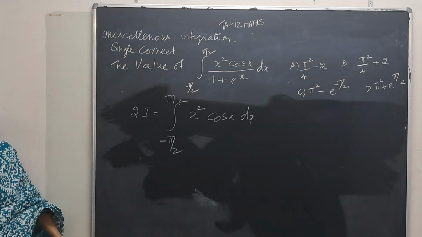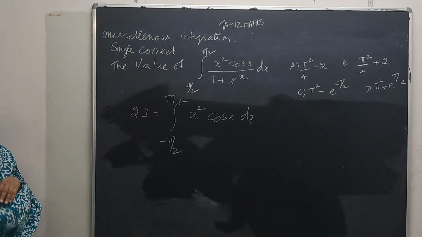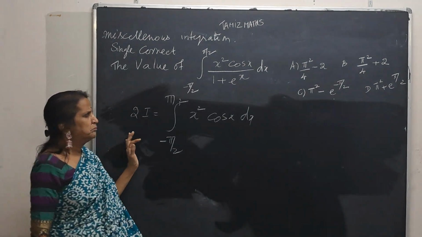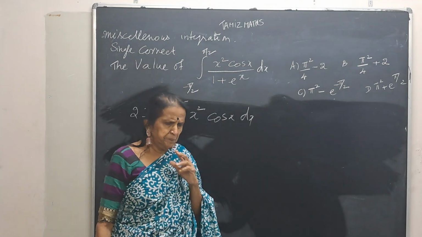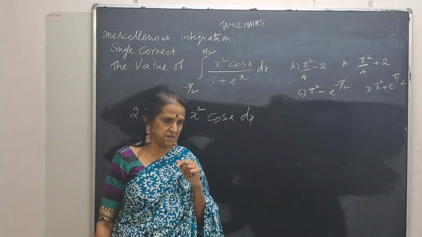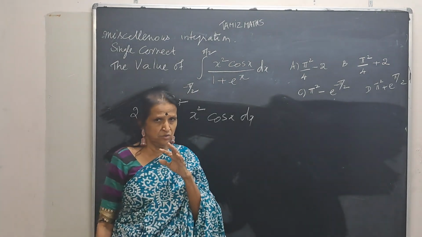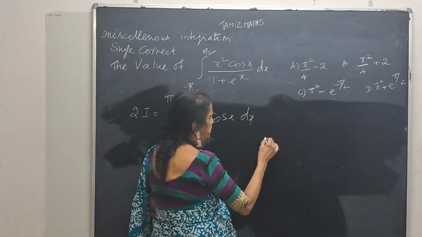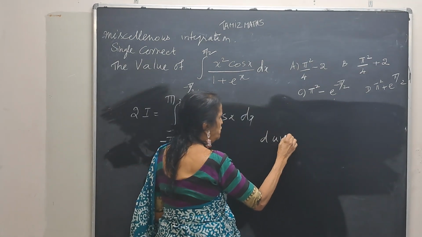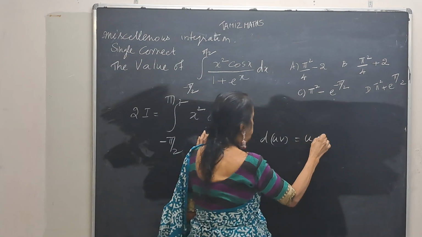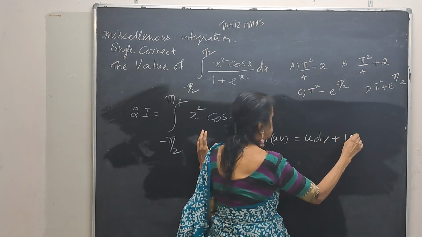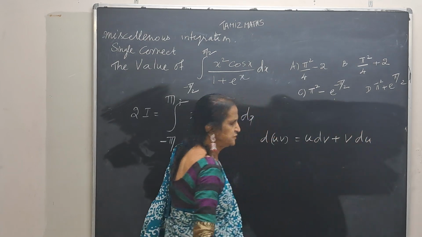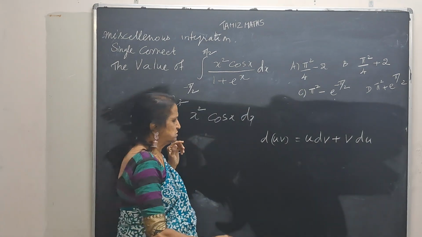Now, this is to be done by parts. Many people teach in their own style. Now, let me tell you how to do it. I have my own way. Now, look here. What is the differential of uv? u into dv plus v into du. Integrate throughout.